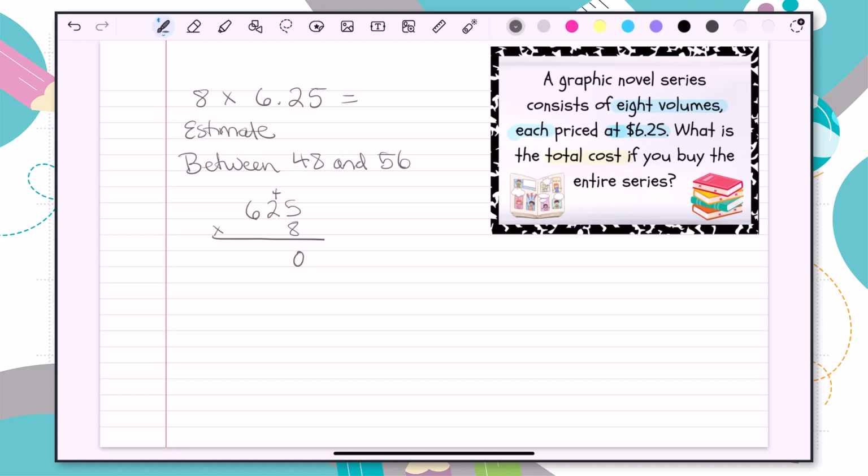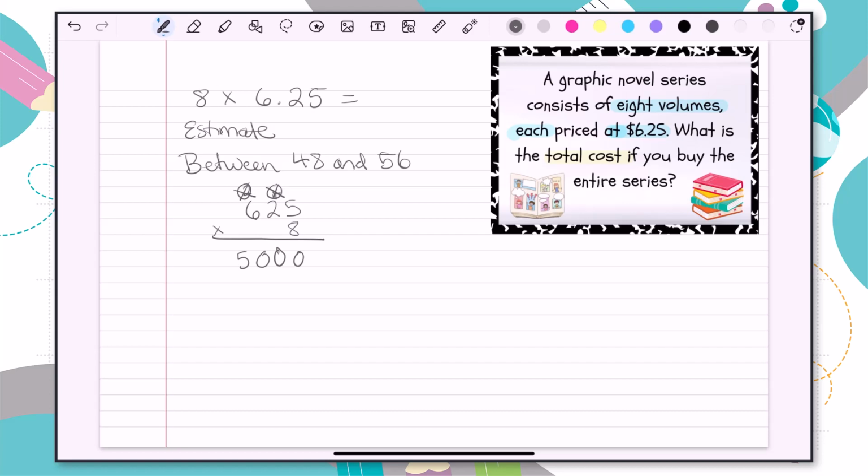I get to keep the 0 and carry the 4 into the tens column. 2 times 8 is 16, plus the 4 that's already there, that gives us 20. And then finally, 8 times 6 is 48, but then we have to add the 2 that we carried over, so that gives us 50.